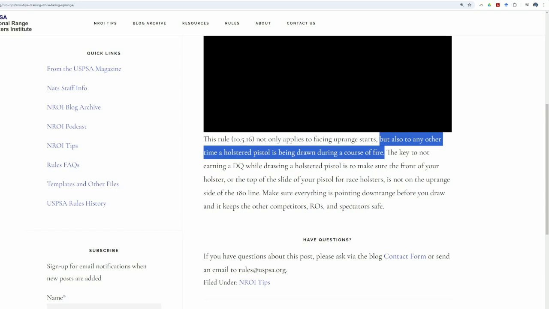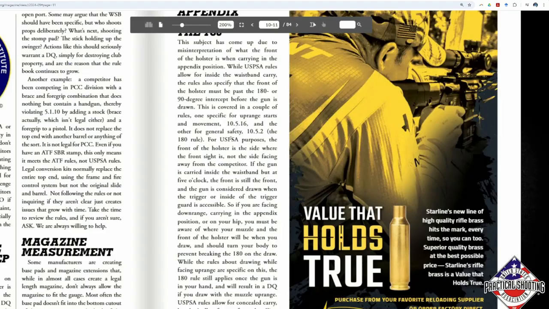Okay. So, all right, let's talk about Troy's article in the Front Sight magazine. He wrote an article in September and October 2024. So this is after Carry Optics Nationals, where Buck Lawler got DQ'd, where he got cited 10.5.16 in person.